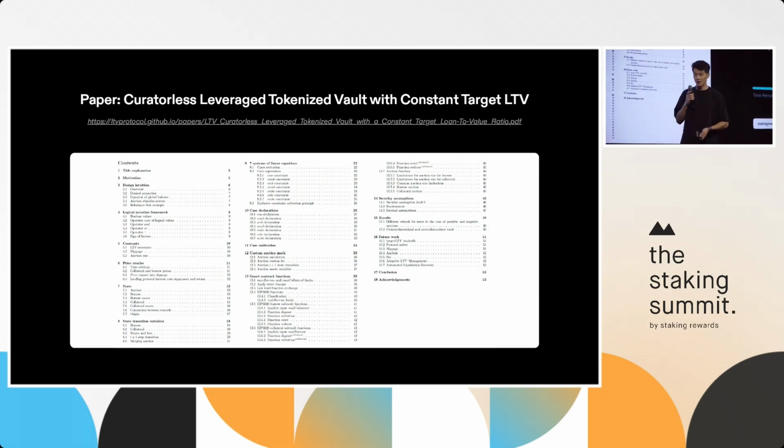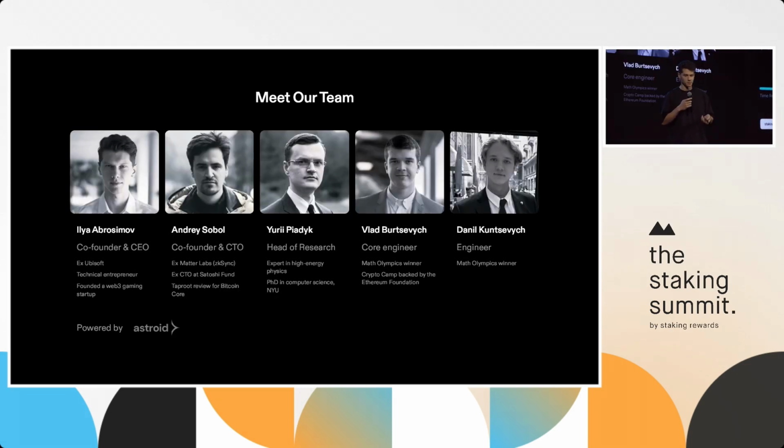It's a bit long to explain right now, but the key approach is that we are using auctions with an incentives mechanism to keep the target LTV. With each deposit into or withdrawal from the vault, it will recalculate the optimal values and, with auctions, rebalance the collateral to borrow. That means after each interaction with the vault, it will push itself towards the target leverage.